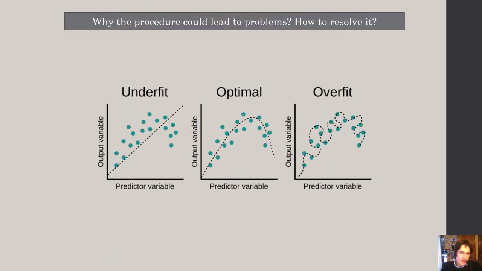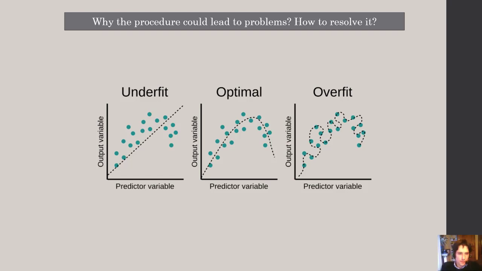So the output layer asks itself how to resolve it. Well, we have overfitting because the model is learning too many patterns, and we have underfitting because the model is not learning enough patterns.